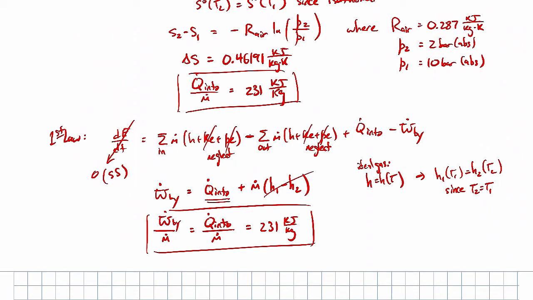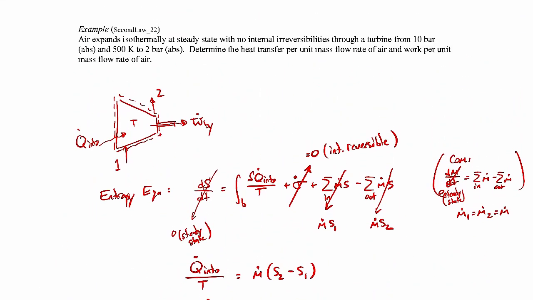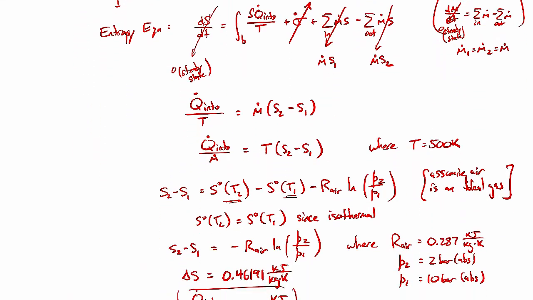Again, just to recap, we started with the entropy equation in order to find the heat transfer, because the entropy equation involves heat transfer, and since we're not given the work done, we didn't want to use the first law because that would give us another unknown. We were told that we're dealing with an internally reversible process, and we were able to make use of the ideal gas model in order to figure out the change in the specific entropy.